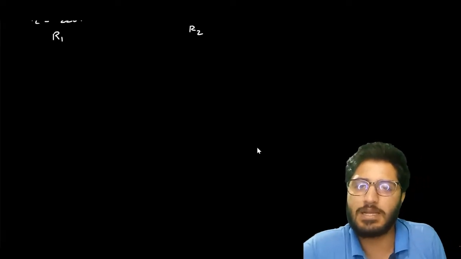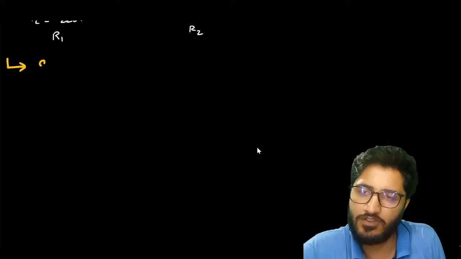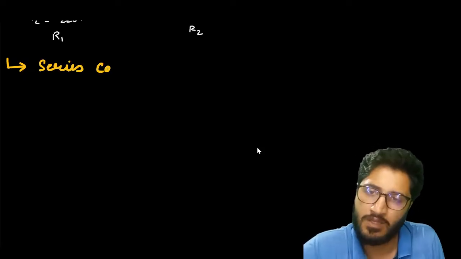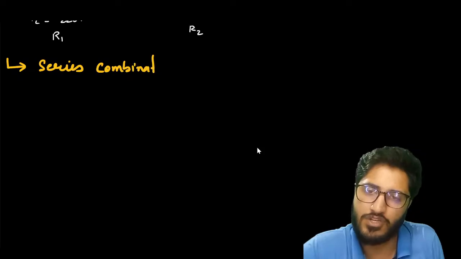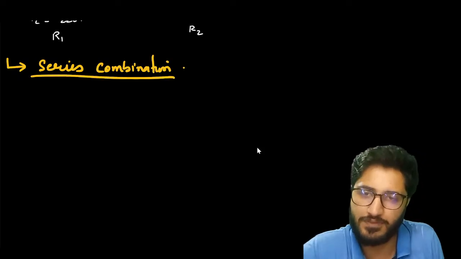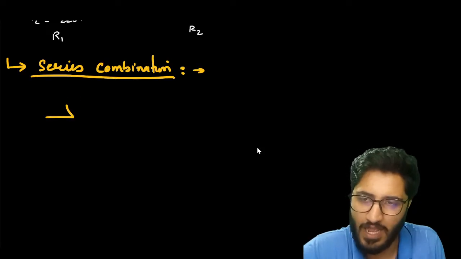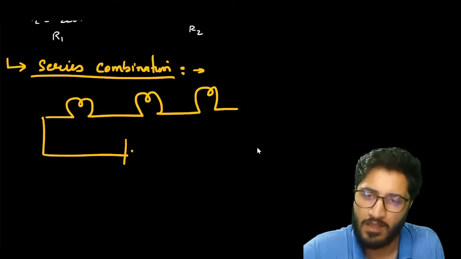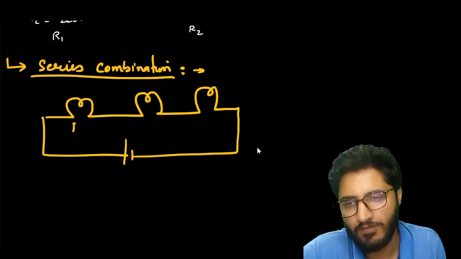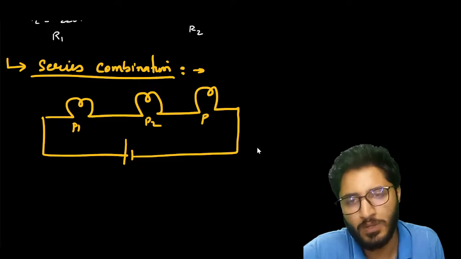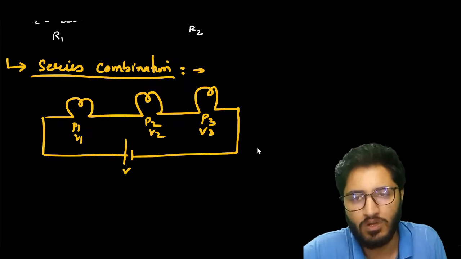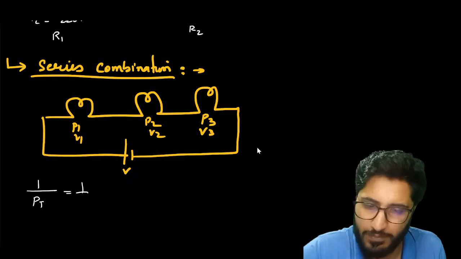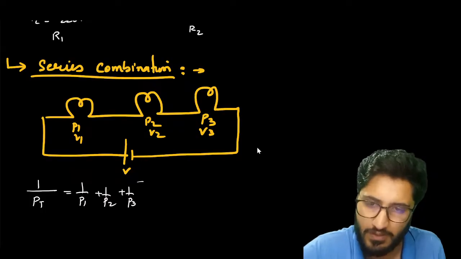First part is combination. If we are combining bulbs in series combination, say bulb 1, 2, 3, we have three bulbs with power P1, P2, P3, voltage V1, V2, V3 and V. So my total power will be the inverse of all of them: 1 by P1, 1 by P2 plus 1 by P3.